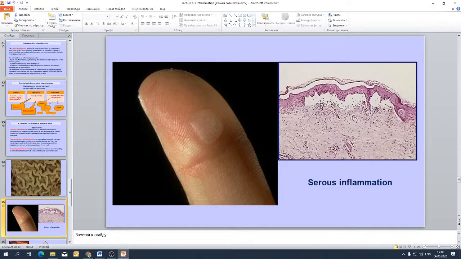Edema, exudate present in this. This is serous inflammation, and very often serous inflammation may be mixed. For example, serous catarrhal inflammation, very often mixed, and serous may be by itself.